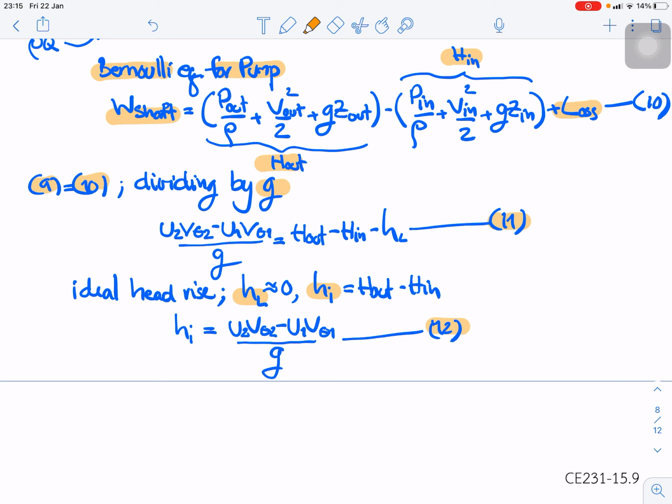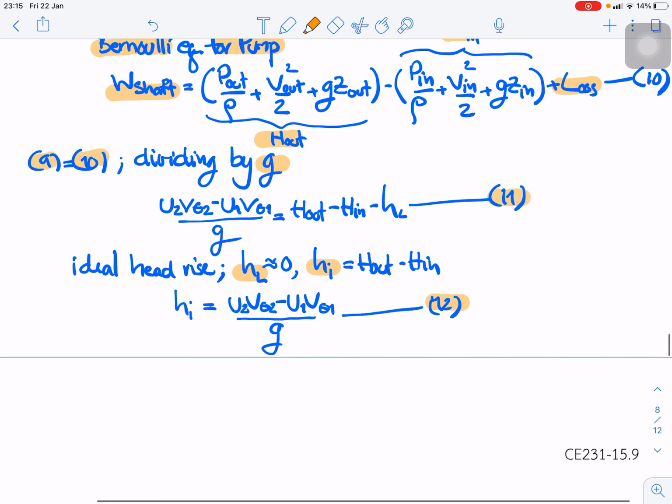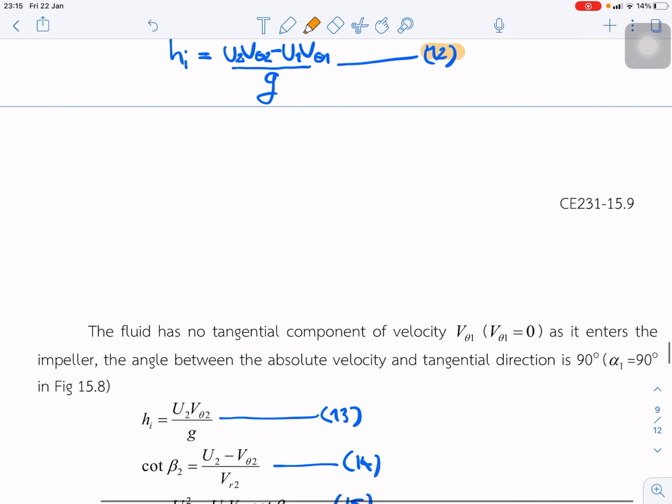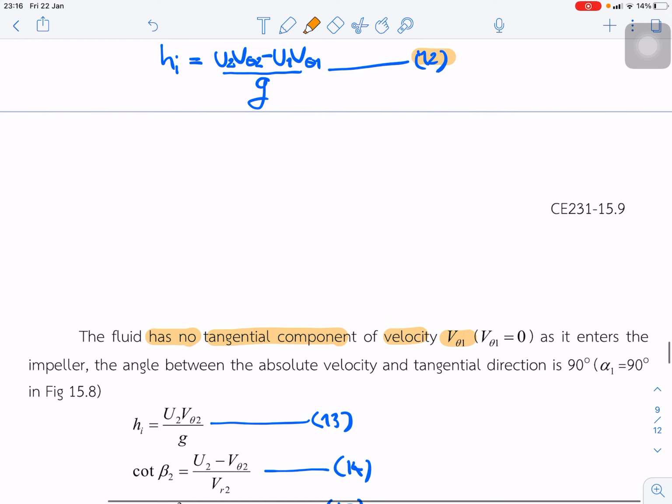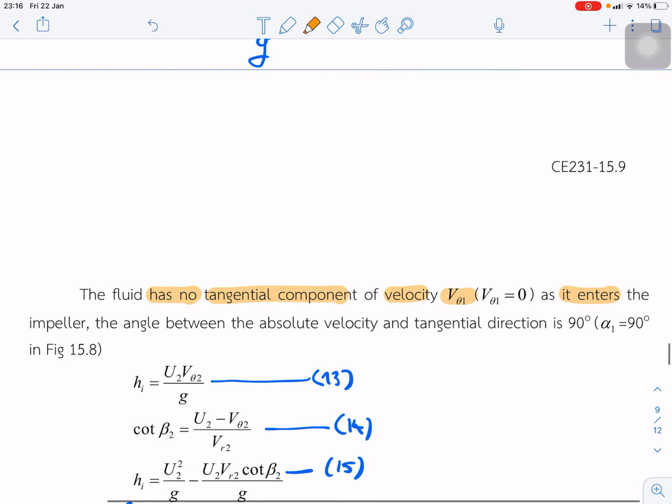For the head rise of the pump, in the case where the fluid has no tangential component of velocity, normally V theta 1 is 0 as it enters the impeller. So the angle between the absolute velocity and the tangential velocity is 90 degrees.